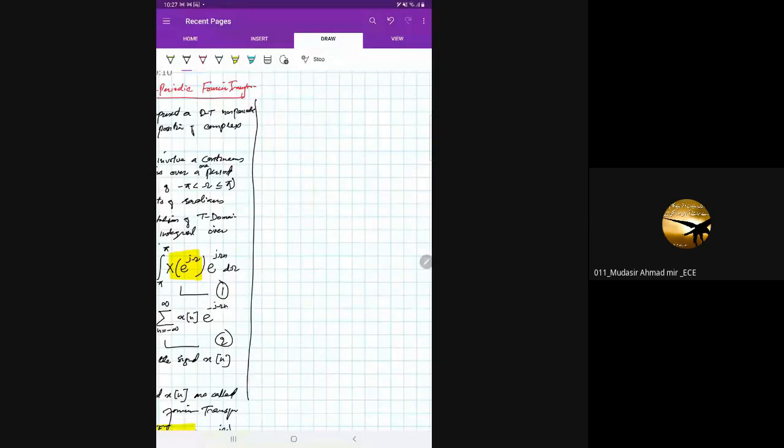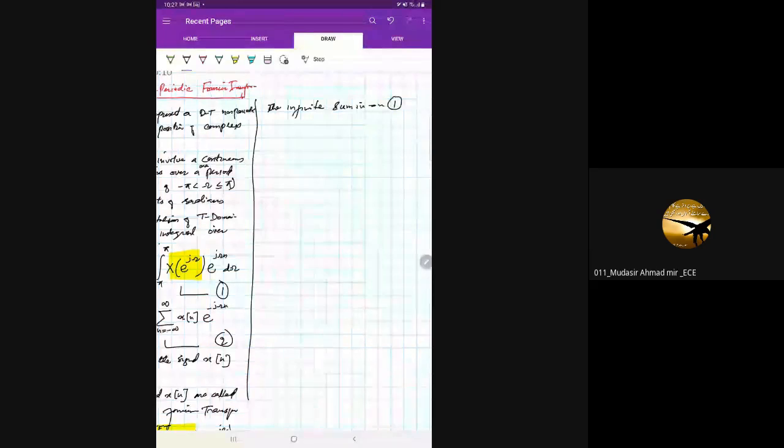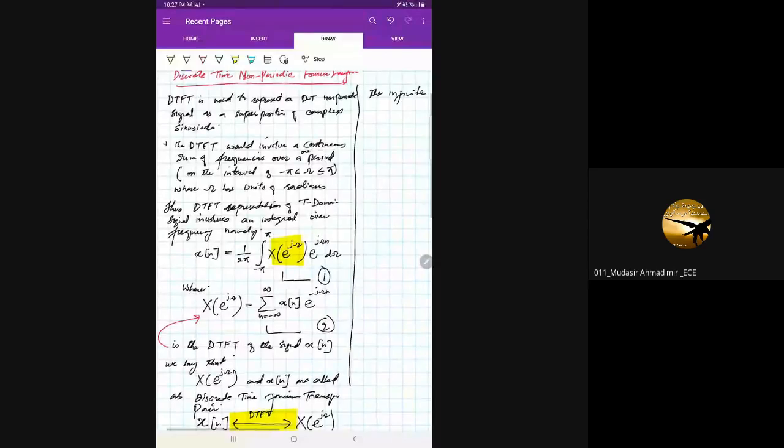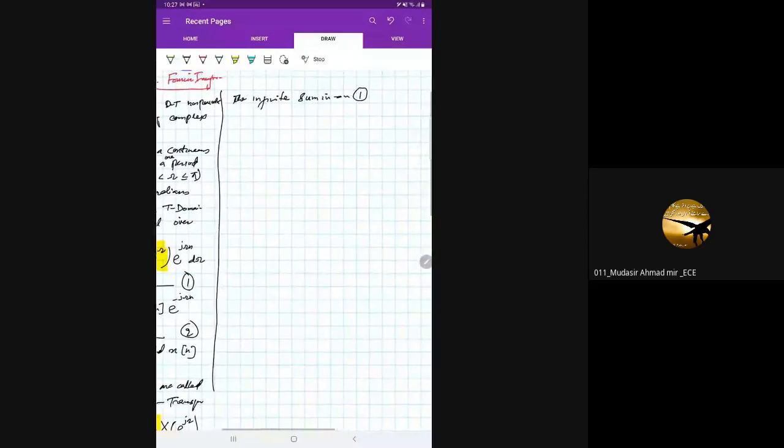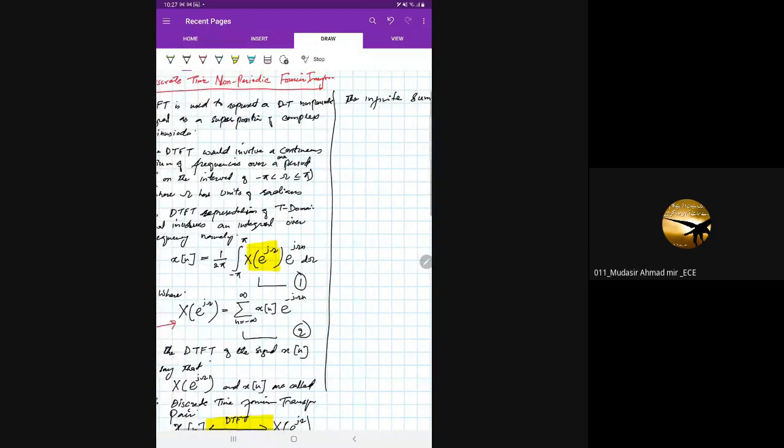We say that the infinite sum in equation 1, sorry, in equation 2. We have equation 2 now. You can see that X of e raised to power j omega is equal to the summation from n equal to minus infinity to plus infinity.